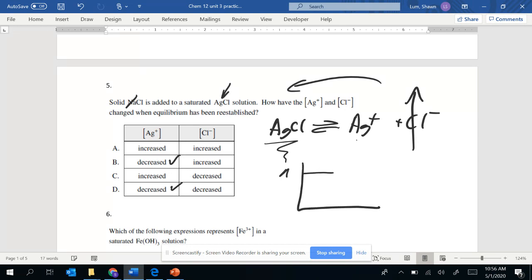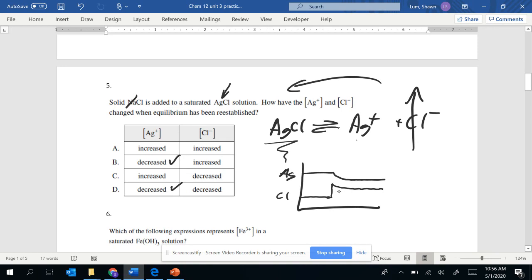Imagine here's our Ag. It shifts to the left, so therefore Ag is going to decrease like this. Okay, here's my Cl. We added a whole bunch of Cl, so it's going to spike, and then it's also going to shift to the left. So it also goes down right there.